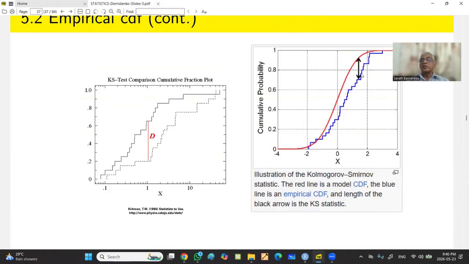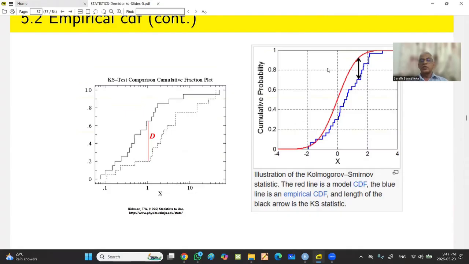If the maximum vertical distance is again greater than some pre-specified value, we decide that our assumption regarding the distribution of our data is not reasonable. But if the maximum vertical distance between these two is small, then it may be reasonable to assume that the assumed model is a good model.